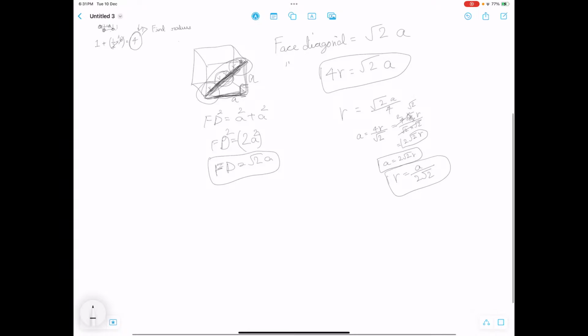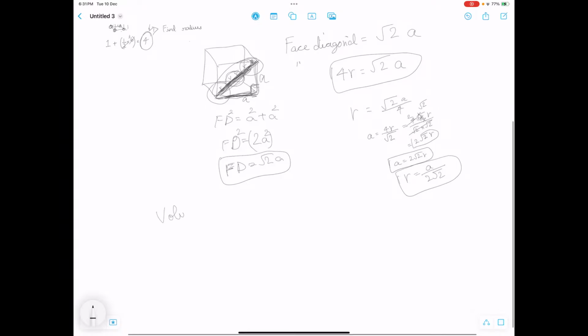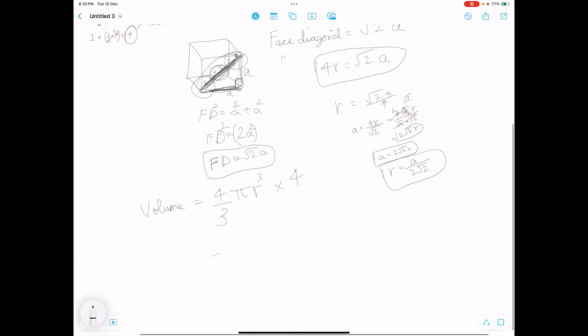So we know that the volume has to be 4 by 3 pi r cube. You just multiply this by 4, and you don't need to substitute this in this. Just write 16 by 3 pi r cube.